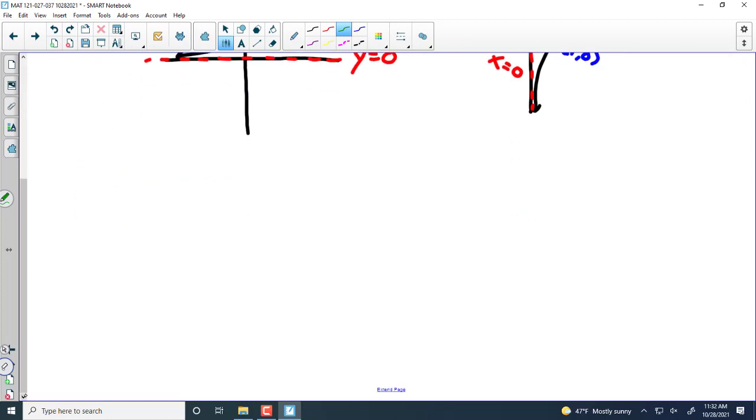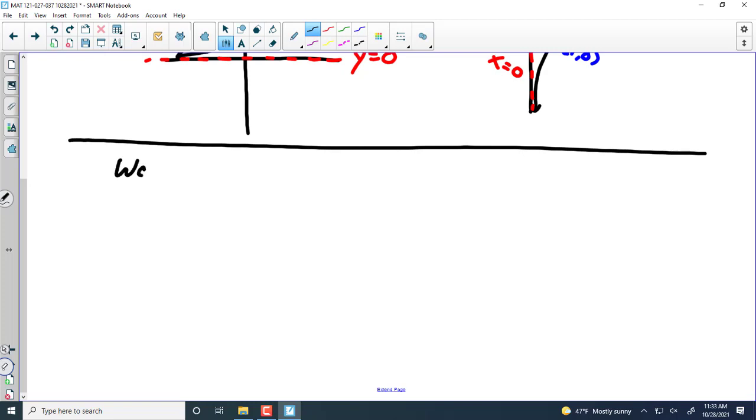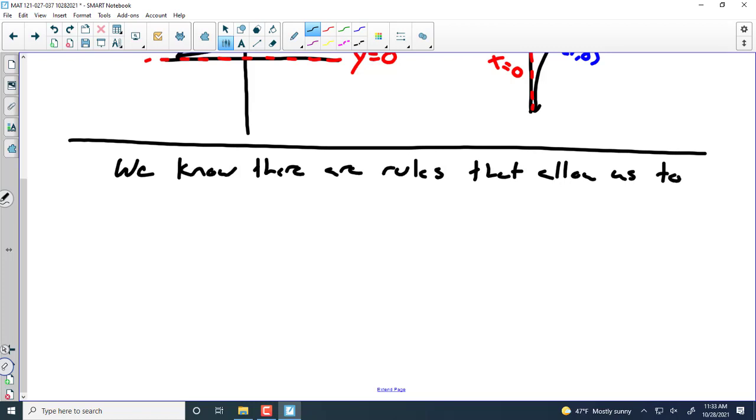All right. We know there are rules that allow us to alter mathematical equations and expressions.